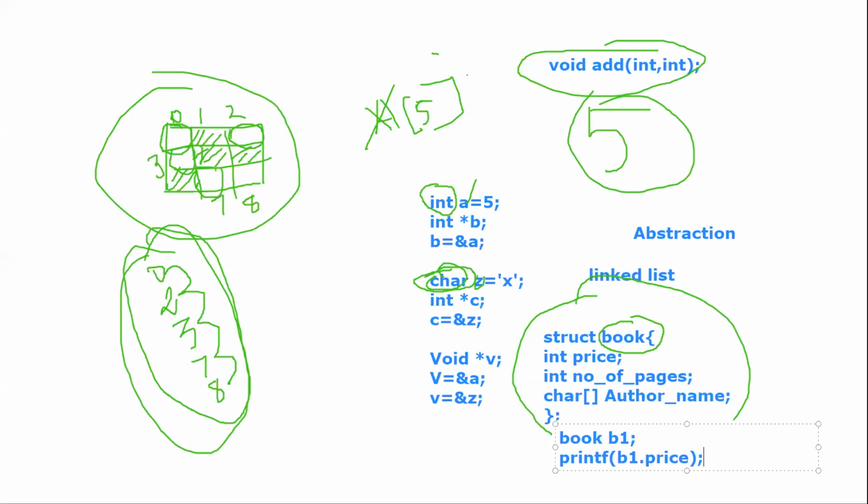If you want to print number of pages, B1 dot number of pages. B1 dot author name. Okay. For example, in addition to this, I'm not able to erase this, one second.